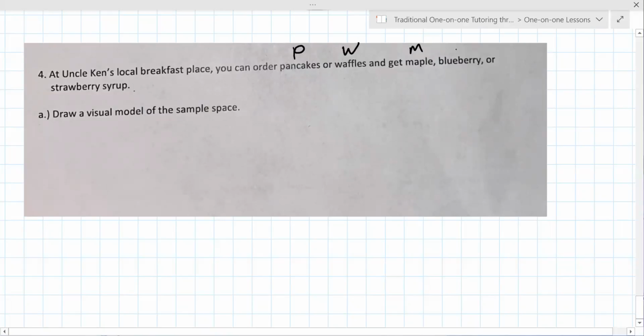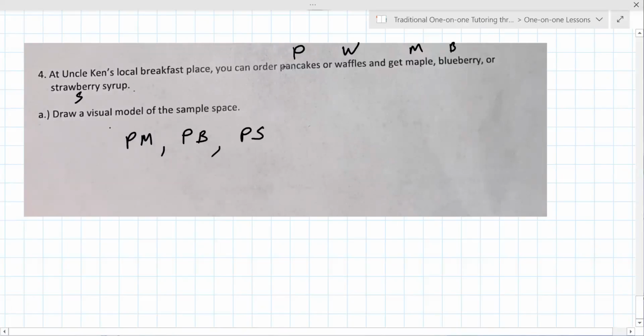We've got maple, blueberry, or strawberry. For example, PM means pancake with maple syrup, but you could also get a pancake with blueberry syrup, or a pancake with strawberry syrup.